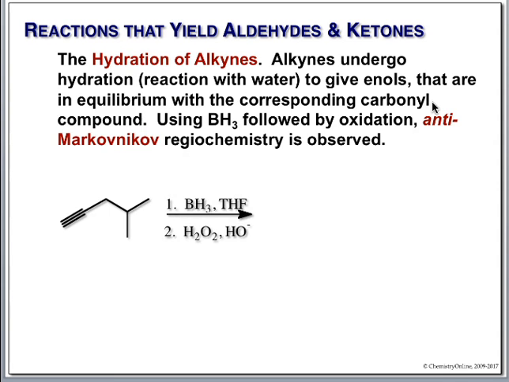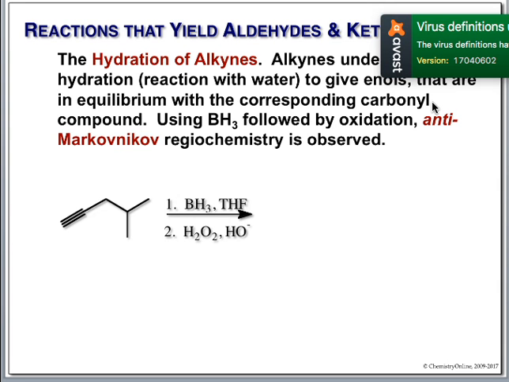We also know that if we don't want Markovnikov regiochemistry, we can cheat and we can do, I'm sorry, BH3. BH3 and THF followed by oxidative workup will give us an alcohol on the anti-Markovnikov carbon. In this case, it would be this guy on the terminal.